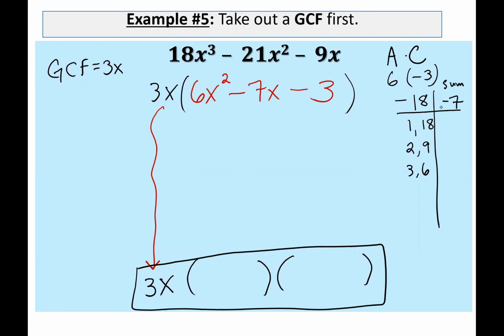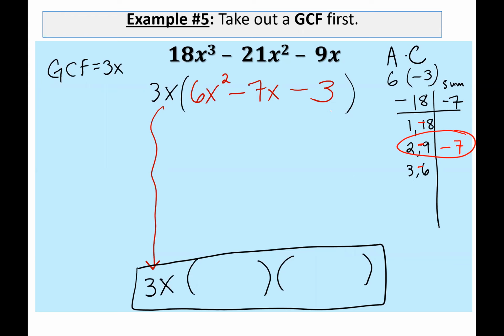For my sum to be negative, I need my bigger number to be negative. So I'll just go ahead and put little negative signs next to the bigger numbers here. So I have 1 and negative 18, 2 and negative 9, 3 and negative 6. The ones that will add up to negative 7 are right here. It's the 2 and negative 9. So 2 and negative 9, that multiplies to negative 18 and has a sum of negative 7.